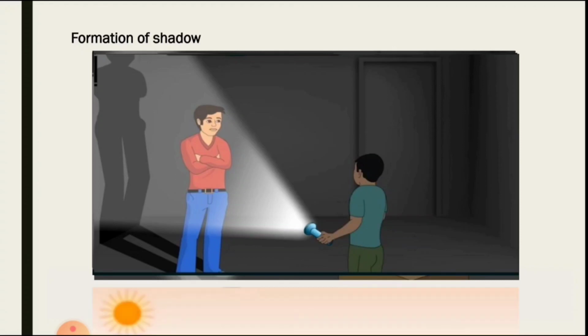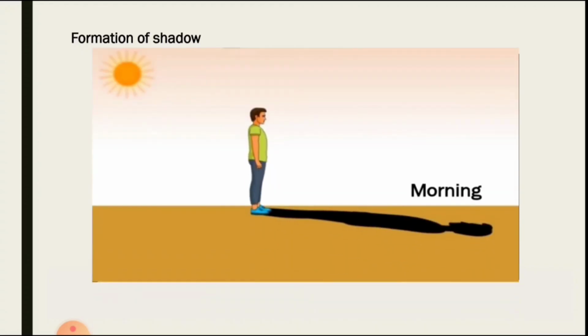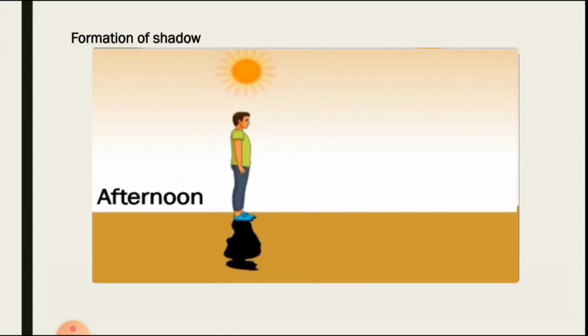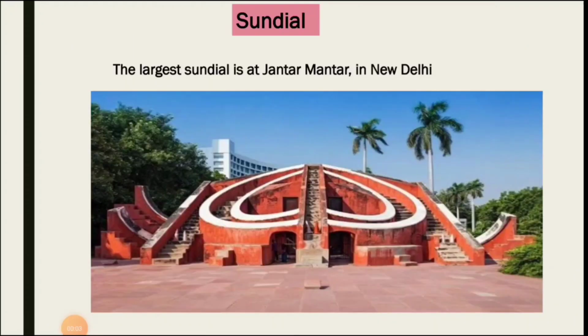The shadow of an object formed due to sunlight is long in the morning and evening and short in the afternoon. We can easily note these changes if we see it carefully. This change in the shadow depends on the source of light, the object and also on the surface on which the shadow is formed.